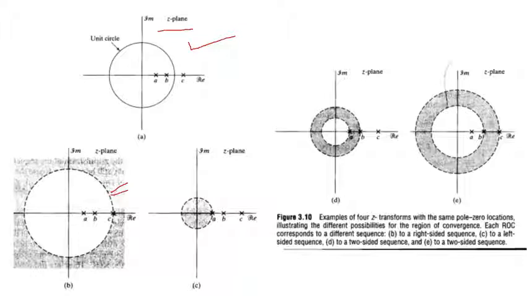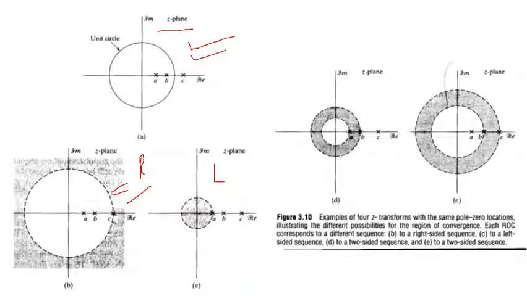And when the plot in A is the result of a left-sided signal, the region of convergence will be this, less than A. So this is for right side, this is for left side.